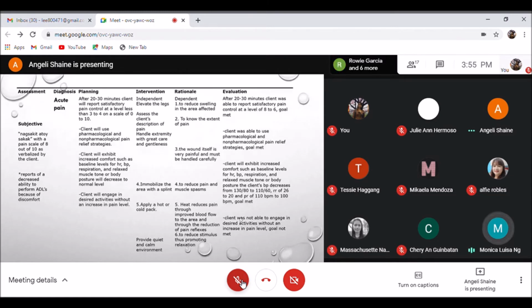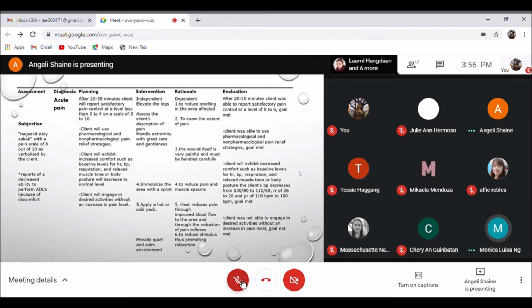After 20 to 30 minutes, client will report satisfactory pain control at a level less than from the level of 8 to 6, from pain scale of 8 to 6. Client will use pharmacological and non-pharmacological pain relief strategies.